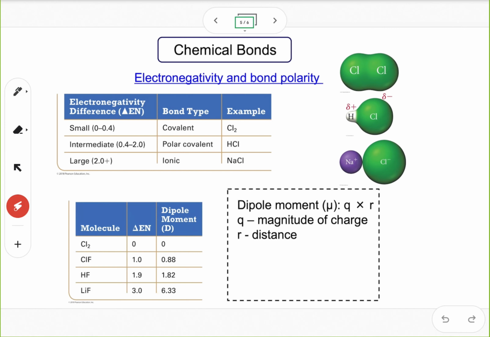Okay. If the delta EN is between 0.4 and 2.0, then we said that this bond is going to be polar. And if this bond is a covalent bond, of course, we're going to call it a polar covalent bond, like HCl. Okay. For HCl, as one of the examples we talked about a moment ago, because chlorine has a higher electronegativity than hydrogen, in other words, chlorine will attract the shared electrons better.